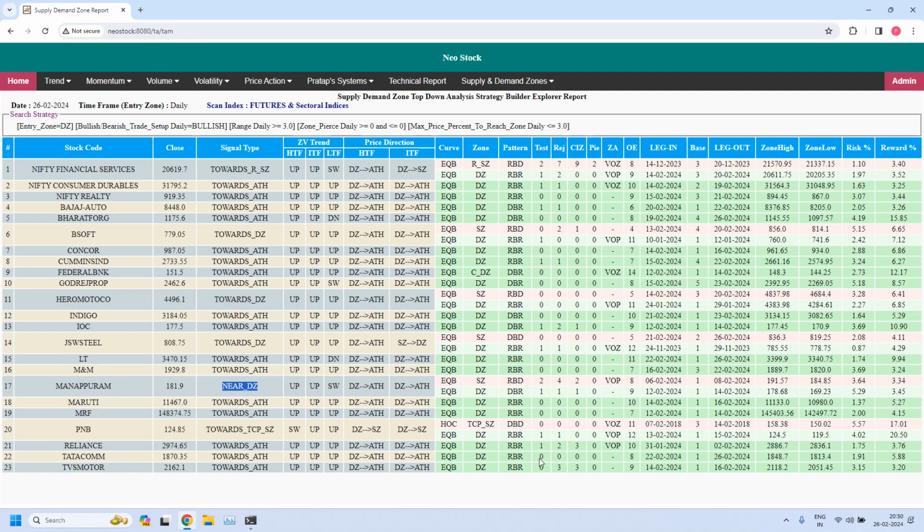So look for the stocks having a test count 0. See, a 100% fresh zone means the test count should be 0, and the rejection count should also be 0. But the advantage of the rejection count is it indicates the zone has strong order flow. That's why a lot of rejections are coming from that zone.